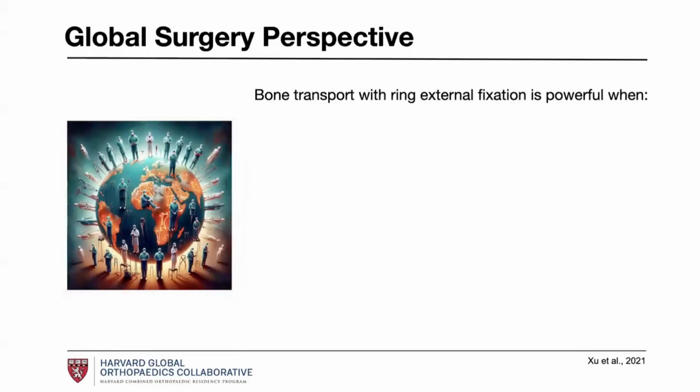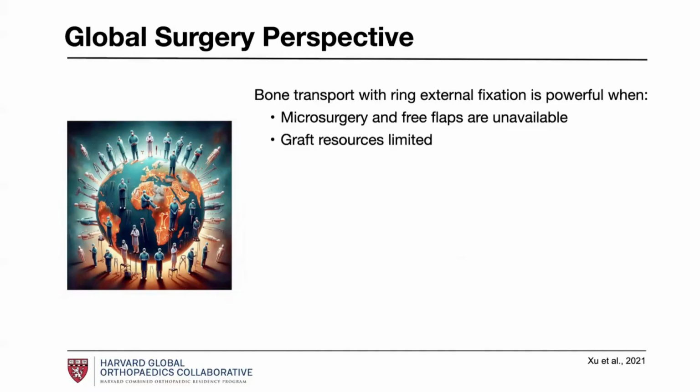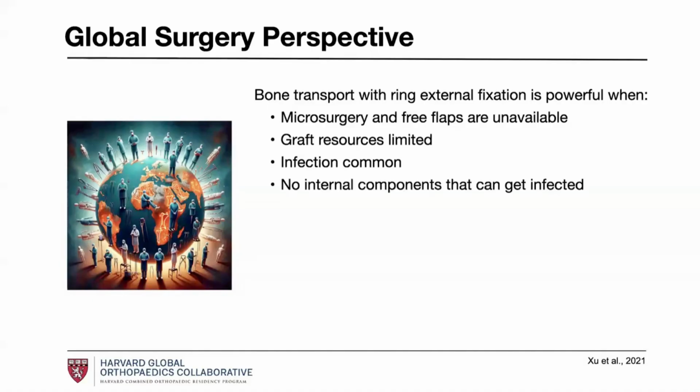From a global surgery perspective, bone transport with a ring external fixation is very powerful, and it helps when we don't have microsurgery or free flaps available to us, when bone graft resources are limited, with infection being common, and then with no internal components, those cannot be infected.